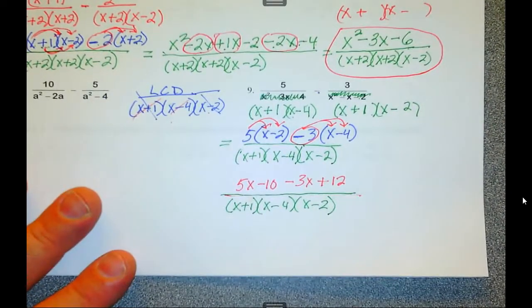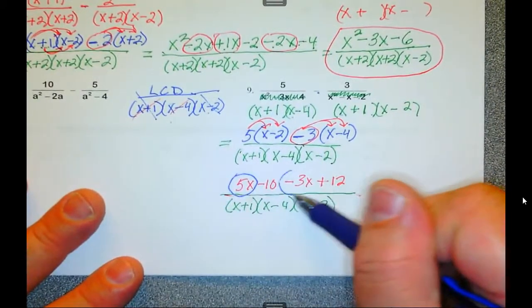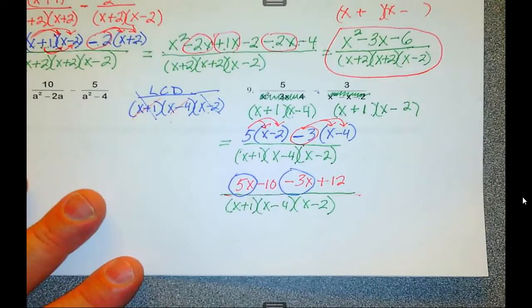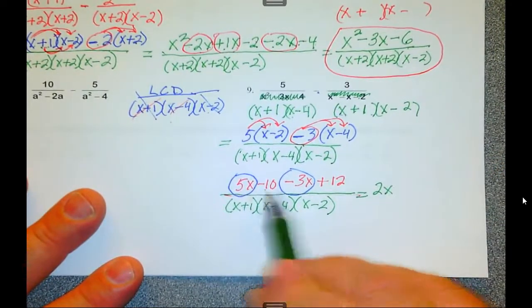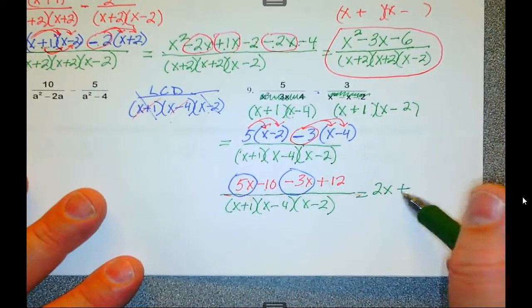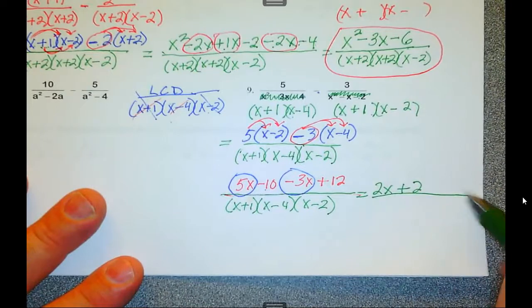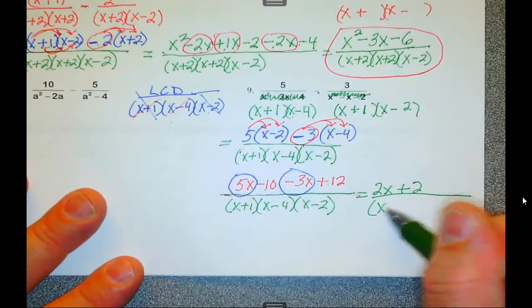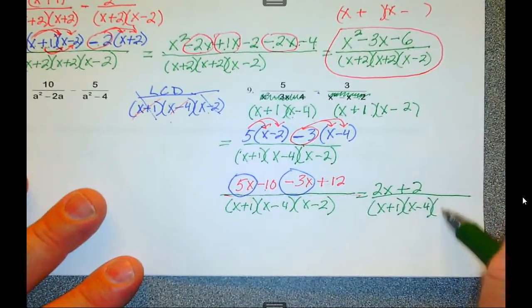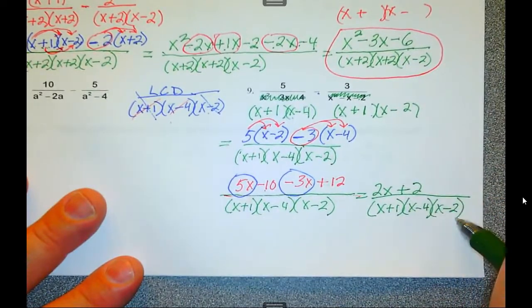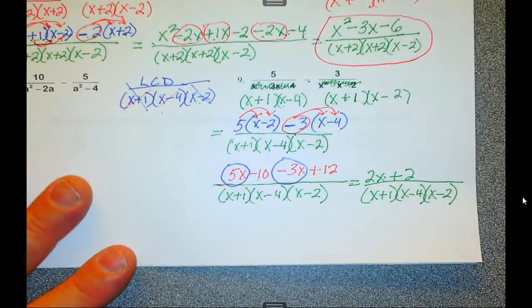Okay, let's combine some like terms. 5x minus 3x is 2x. Negative 10 plus 12 is 2, all over x plus 1, x minus 4, and x minus 2. I can factor my numerator now that it's simplified.